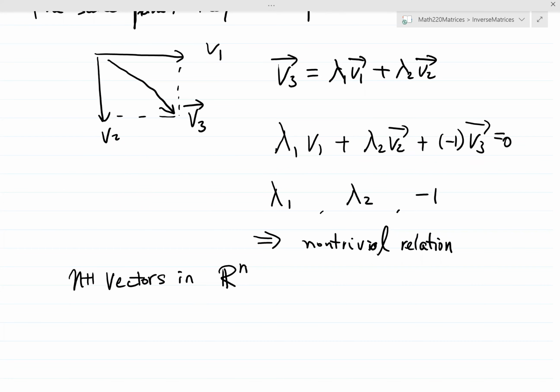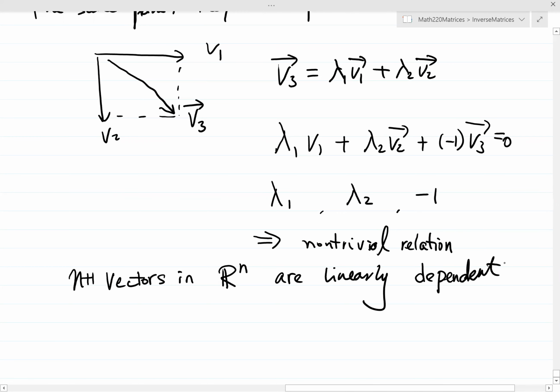But they live in Rn. This is not possible. So n plus 1 vectors in Rn are linearly dependent. If they were linearly independent, they would span too large a space, but the space they live in, Rn, is small. So they are actually linearly dependent.